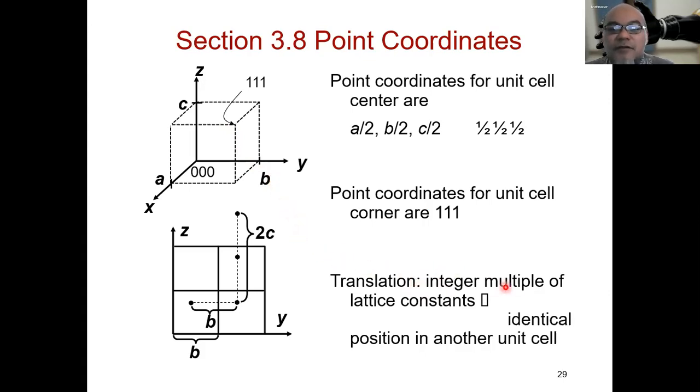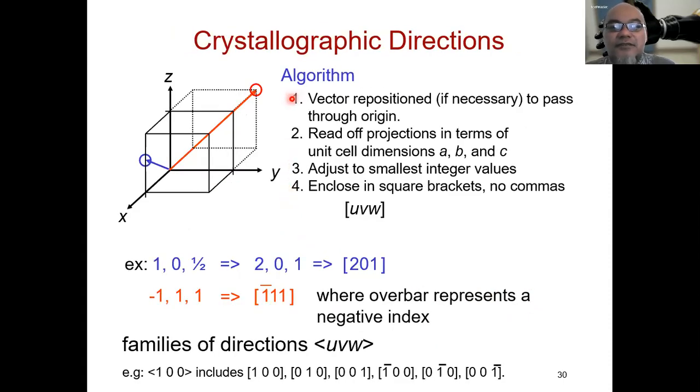An integer multiple of the lattice constant basically indicates an identical position in another unit cell. We have also discussed crystallographic directions, put within square brackets without commas. The red one is in the -1 direction of x, the plus direction of y, and the plus direction of z, so -1 1 1.